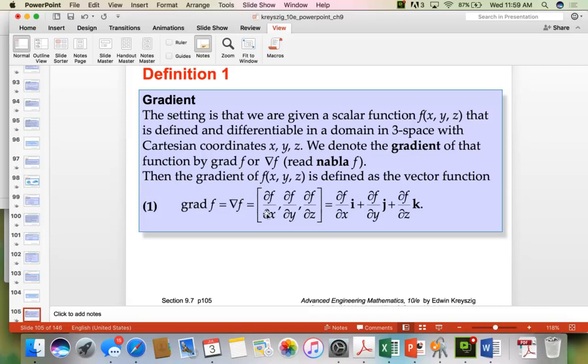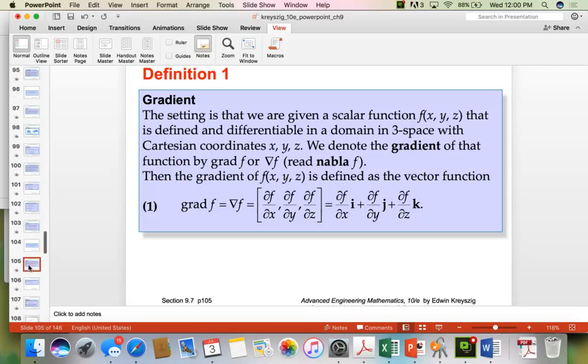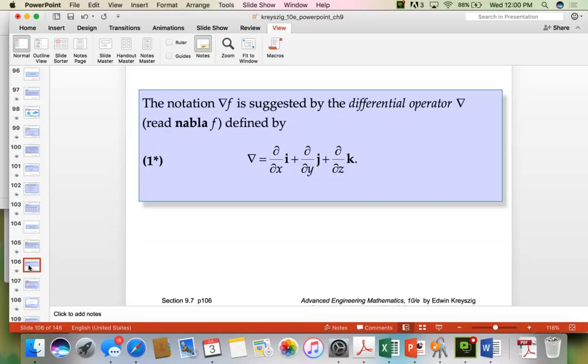It's the partial derivative of f with respect to x for the x component, the partial of f with respect to y for the y component, and the partial of f with respect to z for the z component. And so this is giving you an idea, as a vector, of the spatial variation.